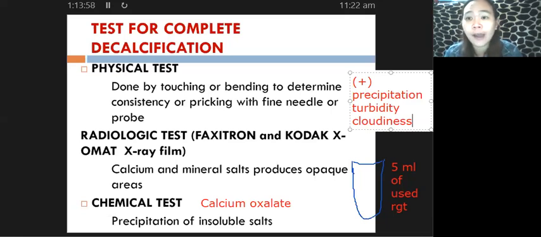So what do you do? You have to change the solution with a new one and continue with the decalcification process.